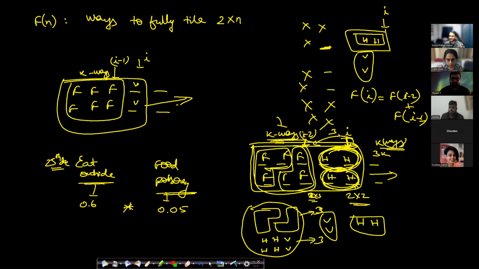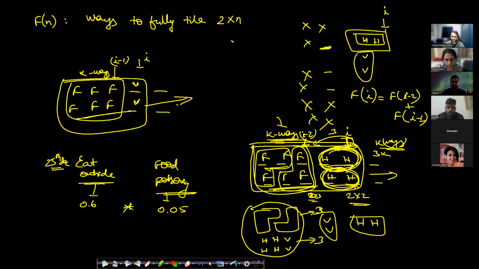So if events are related, then you multiply. But what happens if I say that this and this configuration have the same count? Okay, I totally understand, same count. But if you put vertical here and if you put horizontal, then they are two different configurations now. They're two different subproblems now. And now from there, you are extending them like a branch of a tree.